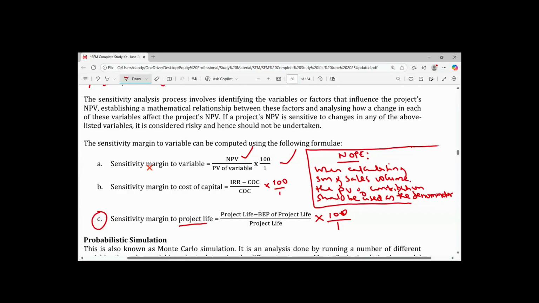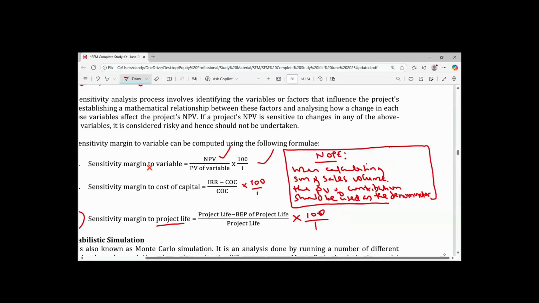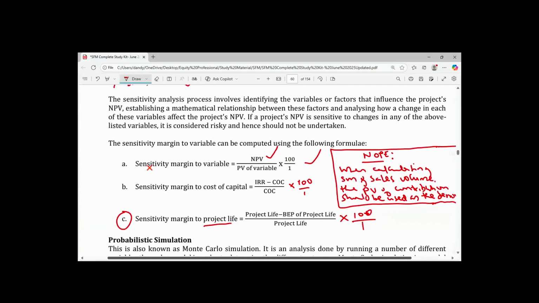So that's what you need to do. Anytime you want to calculate sensitivity margin of sales volume, you have to use the PV of contribution as your denominator.